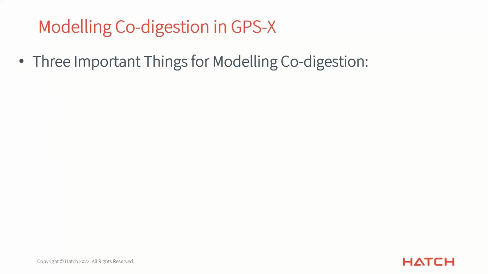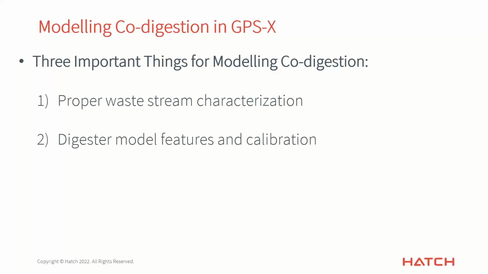Okay, so there are three important things you need to know when setting up your model to model the co-digestion process. First, you need to do a proper waste stream characterization. So you have to spend some time making sure you've defined what that new waste coming in is. You also have to understand how this new waste stream is going to affect the behavior of that anaerobic digester.